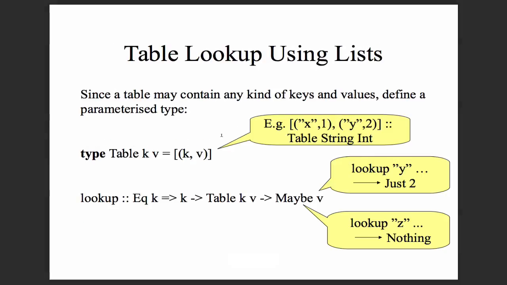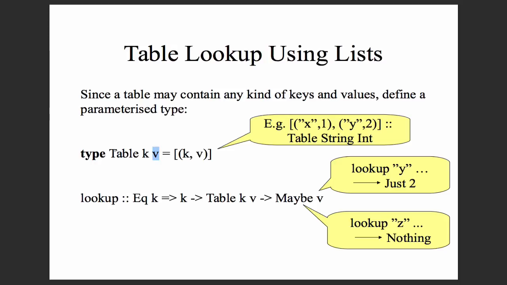So the way that we would represent it using the Haskell we've seen so far is to represent a table using a list. So we can make a type synonym and say a table for some key type k, could be string, it could be something else, and some value type v, it could be int, but it could be something else.